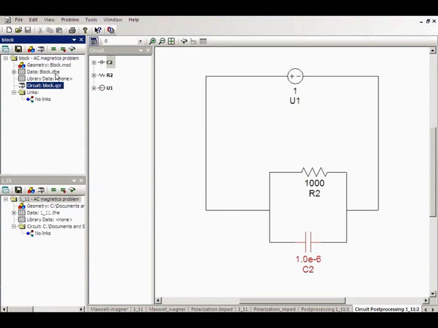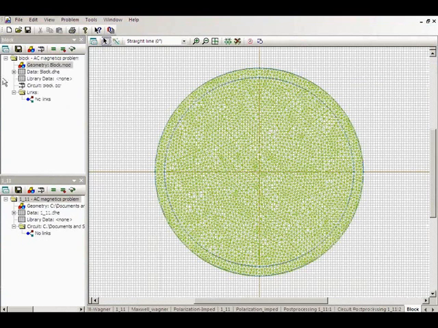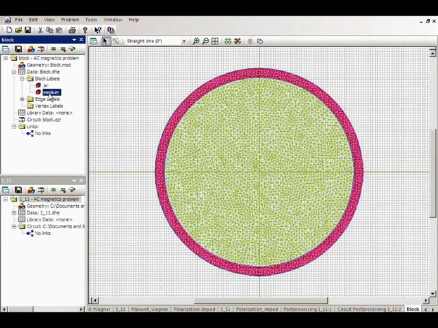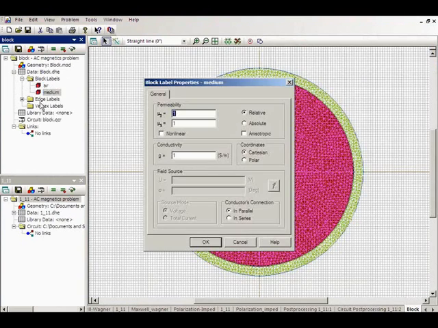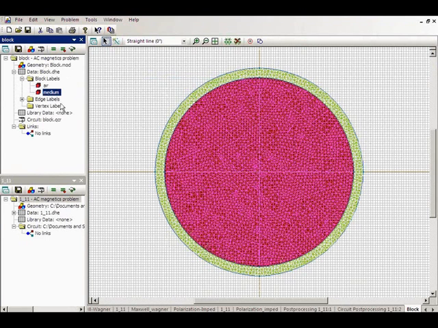In this particular model, we have a geometry block that's connected to our circuit. Here we have an air region. This is the medium, a conductive medium. It's 1 S per m, which is roughly the conductivity of the medium.